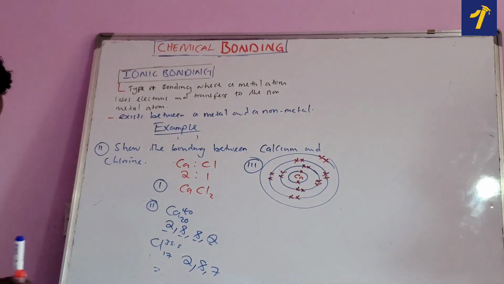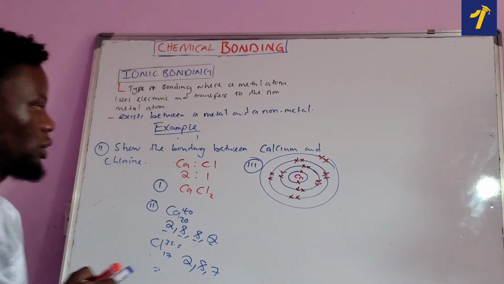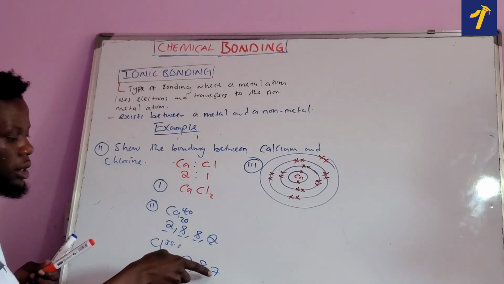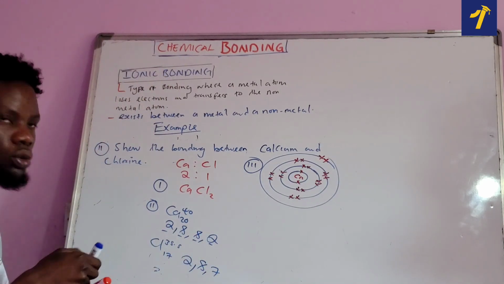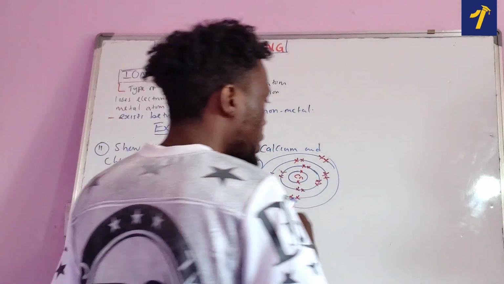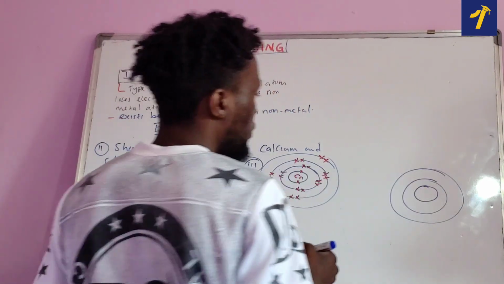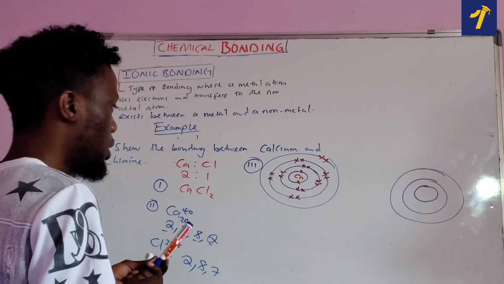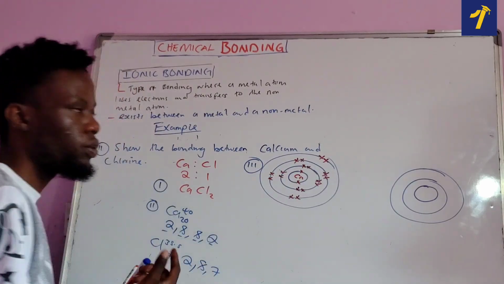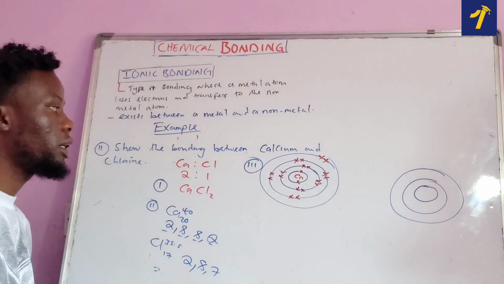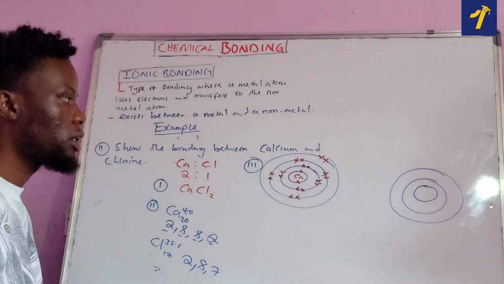What about chlorine? Chlorine has how many shells? 1, 2, 3. So it has 3 shells, so we're going to write 3 circles. Then for this chlorine, we're going to use the dot diagram, since here we use the star symbols.